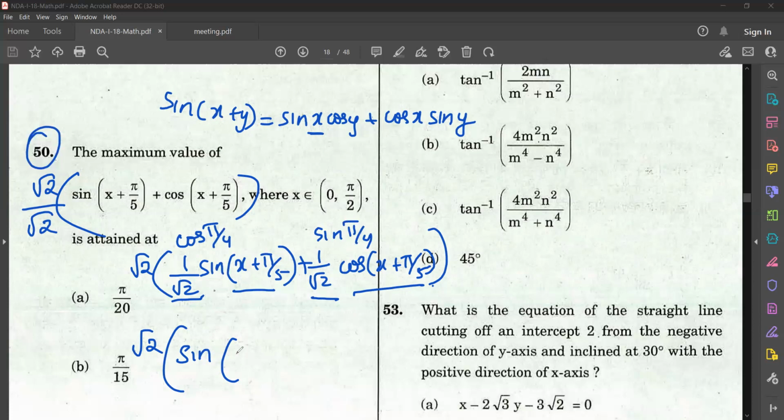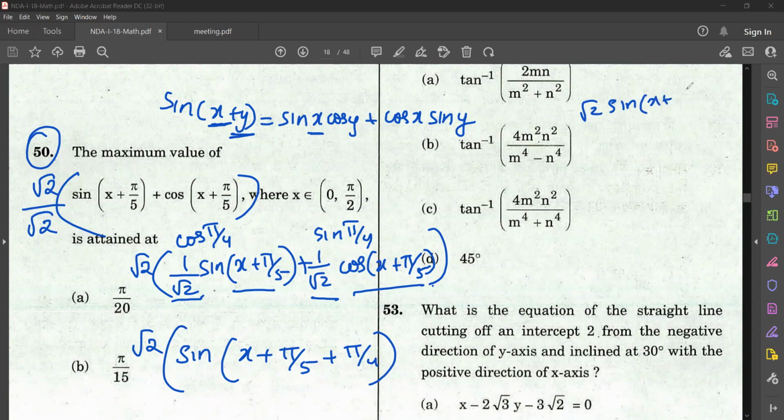So I can write it as x plus π/5 plus π/4. Here x is x plus π/5, y is π/4. So this can be rewritten as root 2 into sin(x + π/5 + π/4).